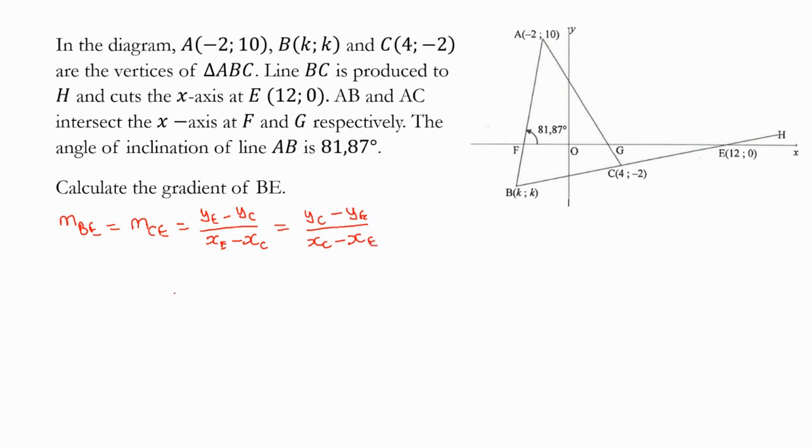Let's do both. The first one: the gradient of BE is equal to the gradient of CE, which is (0 minus -2) divided by (12 minus 4), which is 2 over 8, which is equal to 1 over 4.